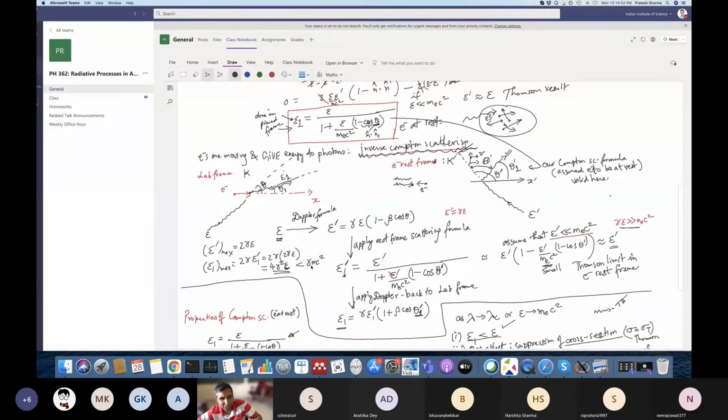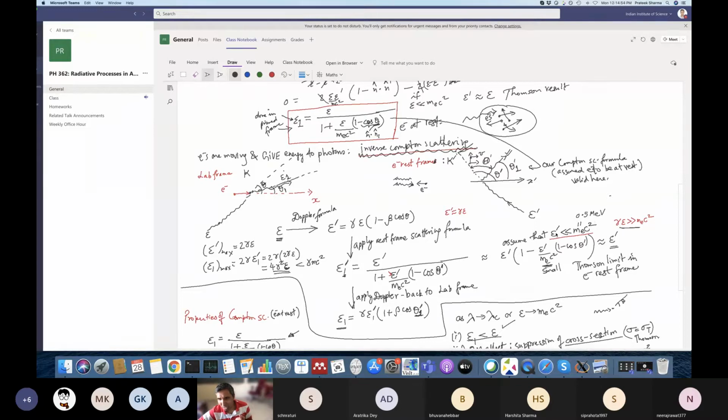The electron cannot give more than its energy through the scattered photon. So this must also be satisfied. So let's see. You know, m_e c squared is 0.5 MeV, so this is the electron rest mass energy.